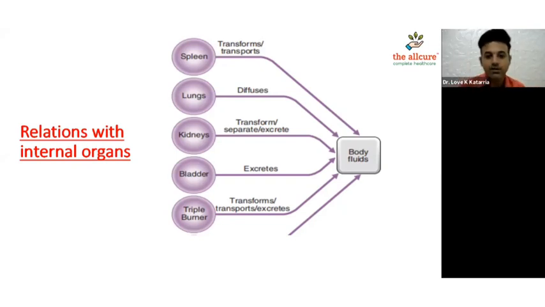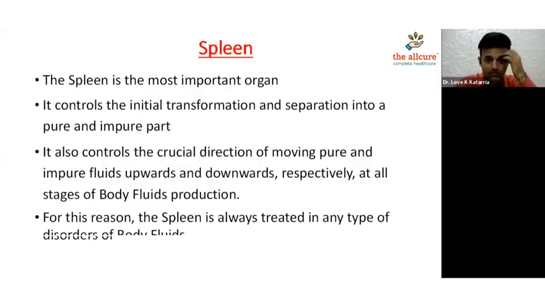Then the triple burner also. We'll look at them one by one. The spleen is very, very important because it's the place where the first stage of the process is happening. It also controls the crucial direction of moving pure and impure. So this is very, very important.